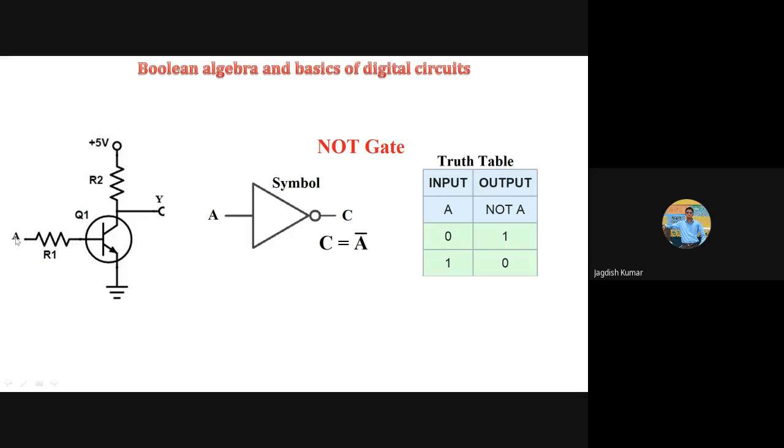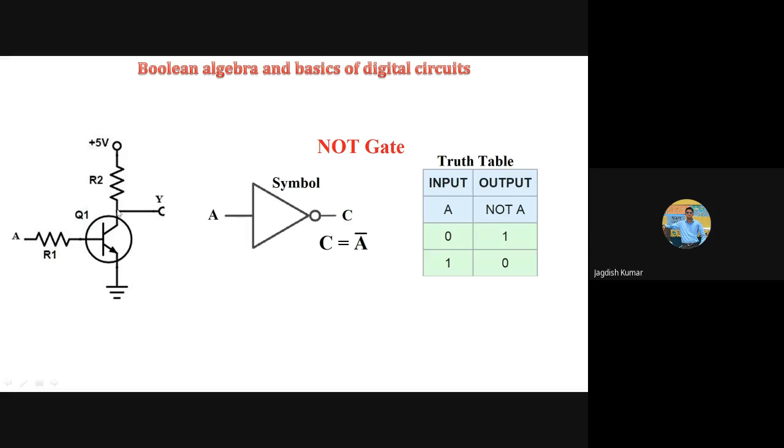So whenever the voltage here is high, this will act like a closed switch. The output here, C, equals Y. Please don't get confused. The output is actually the value of the voltage at ground, because the transistor is acting like a closed switch. If you connect a wire between this point and this point, the voltage here will be 0, or low.